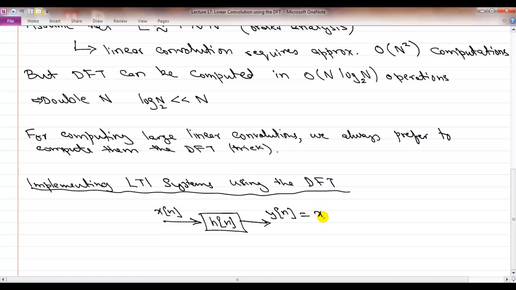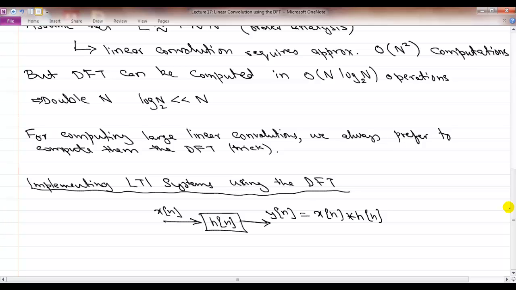So y[n] is simply given by convolution of x[n] and h[n], which means that if we are trying to implement some LTI system inside a digital computer, we can simply use DFT or FFT to compute that convolution. Now the challenge in that processing is that DFT requires, before you can carry out this expression, you to have the entire x[n] present with you. Because the way it works is you take x[n], you compute its Fourier transform. If you don't have the whole x[n], you are not going to be able to compute the Fourier transform.